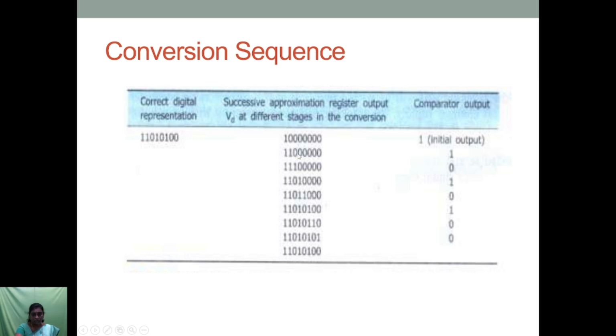So next, the third bit is also set as 1. Now the digital to analog converter will produce the analog output corresponding to this digital code. This analog value is compared with the input analog signal. While comparing, we get a negative result because the analog input is less than the analog output of this code.